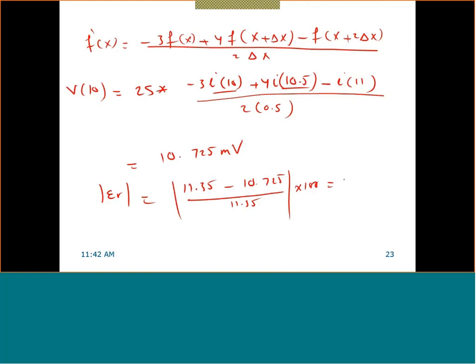And this gives me 5.5%. This is much closer to the CDD method. If you remember, for the FDD and the BDD, the error was around 20%. Now, if you reduce this from 0.5 to 0.25, you will find that this error will be reduced by the order of h squared or delta x squared, so it will be about 1/4 of this error.